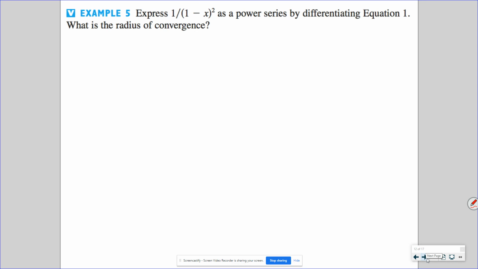Okay, express 1 over 1 minus x squared as a power series by differentiating equation 1. So they're referring to something from back earlier in the notes. I will pull that for you and have you write down equation 1, which is 1 over 1 minus x.